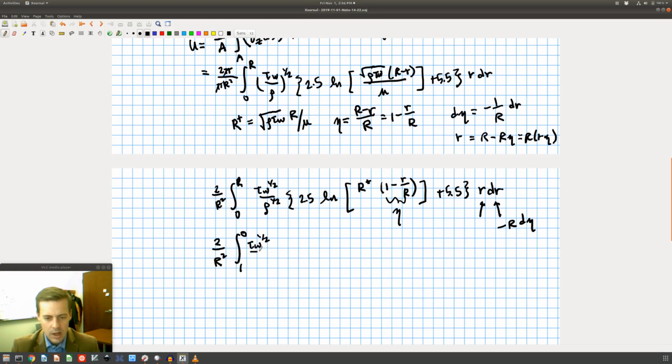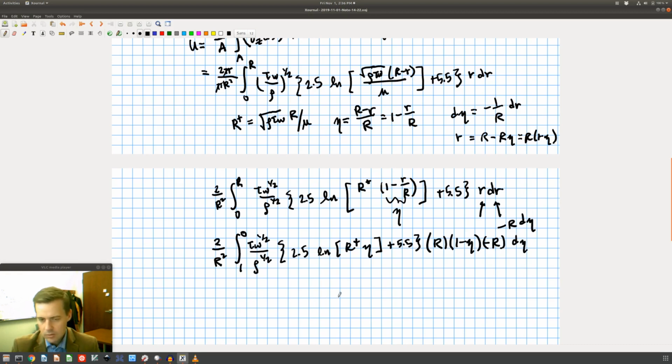I get tau w to the 1/2 divided by rho to the 1/2. And then 2.5 log of R plus eta plus 5.5 multiplied by, and then now I say this is R times 1 minus eta, minus R d eta.